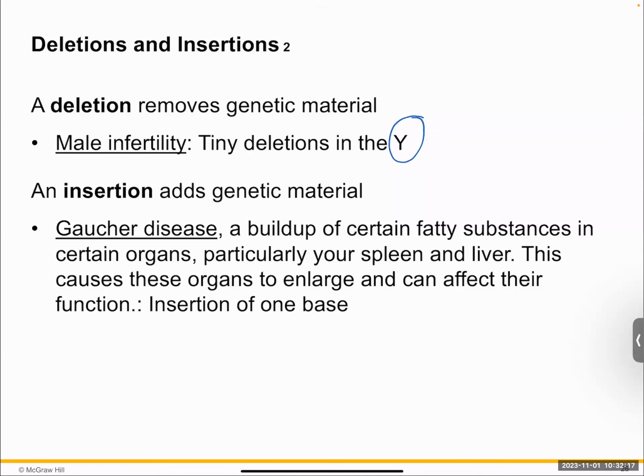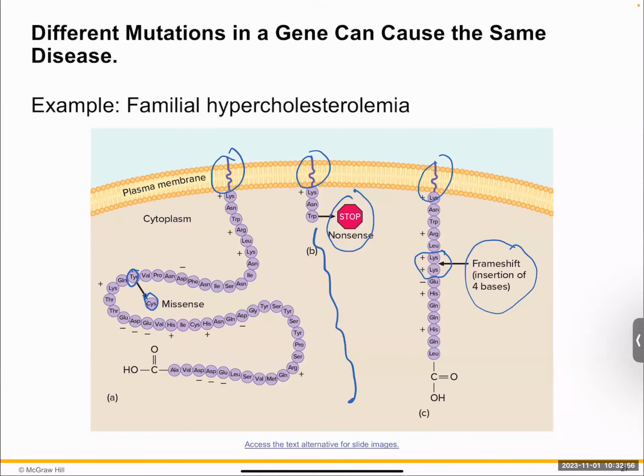One of the best examples is called Gaucher disease, where you have an insertion of a base, not a gene. This causes a major buildup of a specific type of fatty substance in some organs, such as your liver and spleen, and this buildup causes those organs to be enlarged. Can you imagine if you have so much fat in those tissues and they're enlarged and abnormal? They will not be able to carry out their function, which is very problematic when it comes to the liver.